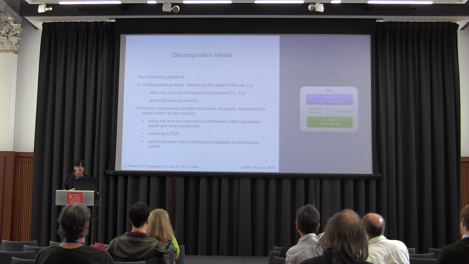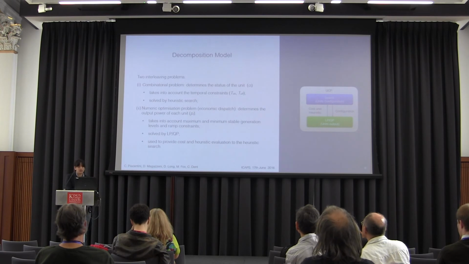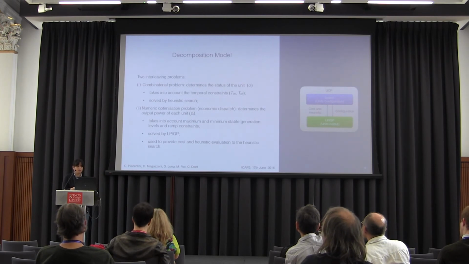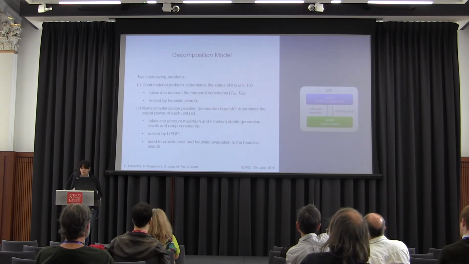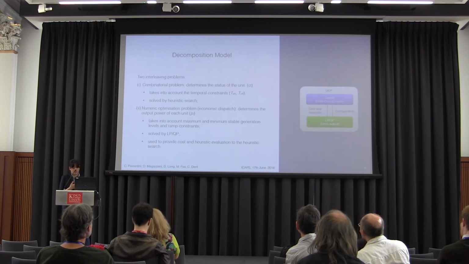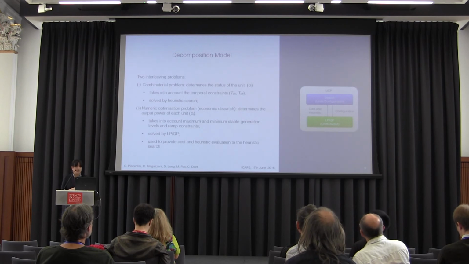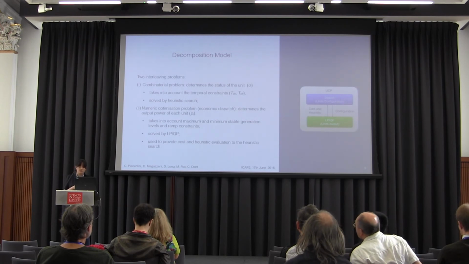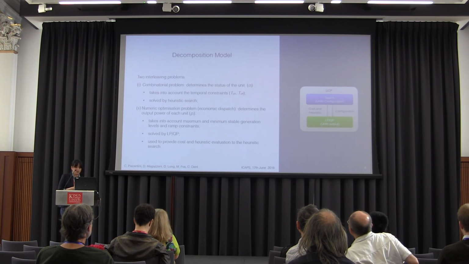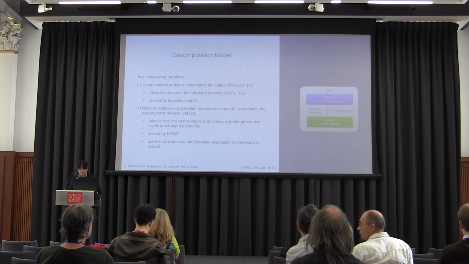And once we have the configuration of all the units, we can use an LP linear programming model to find the level of power for each unit.